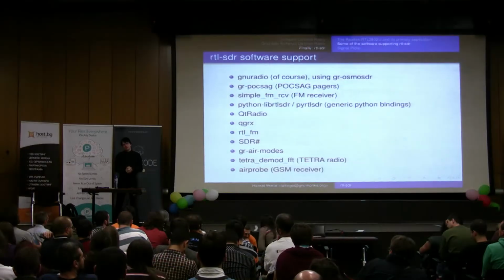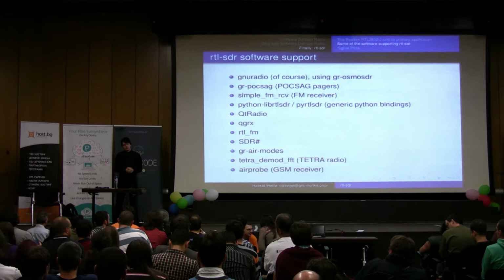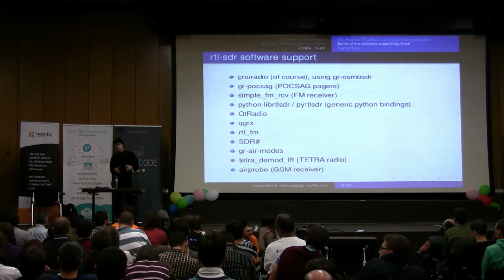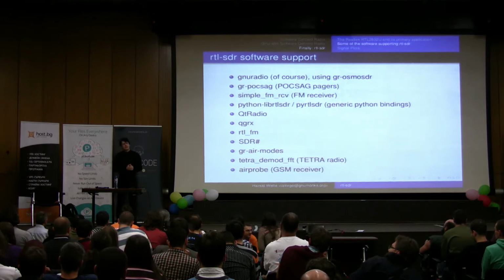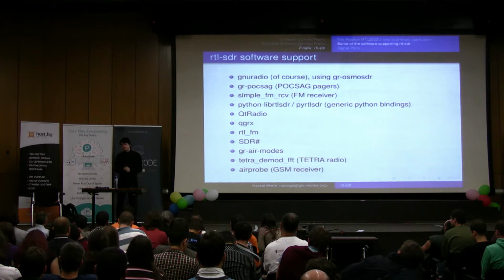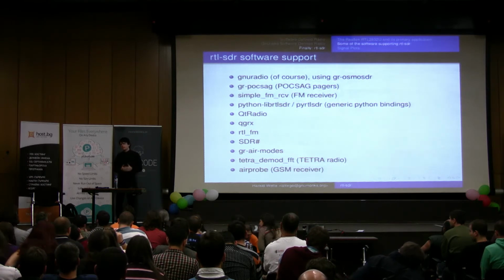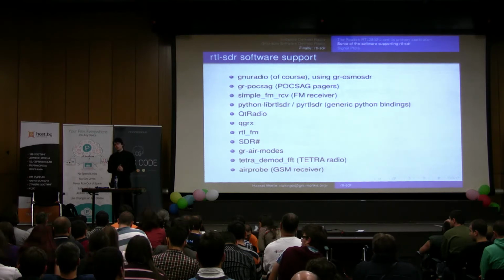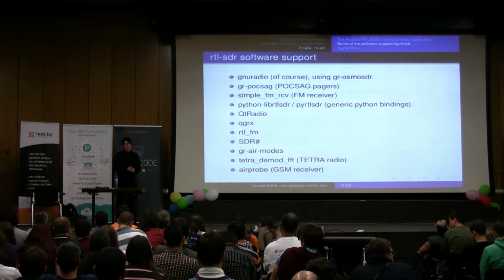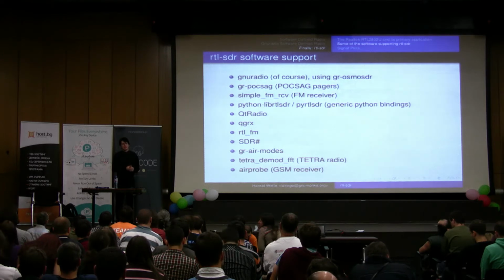Otherwise, of course, there's the USRP family of devices which are available, which can transmit. And you can use those devices, for example, with some other GNU radio-based software to transmit, well, of course, analog radio, it's very easy, but there's even code for transmitting DAB, the digital audio signal, or there's code to transmit even a GSM network. With OpenBTS, you can run your own base station on such a software-defined radio transmitter.